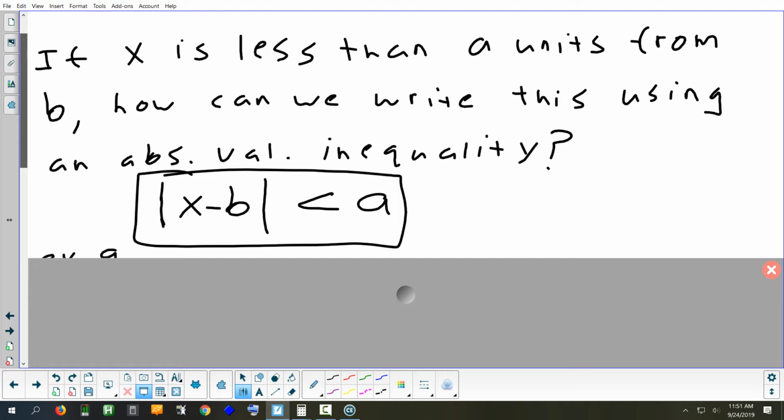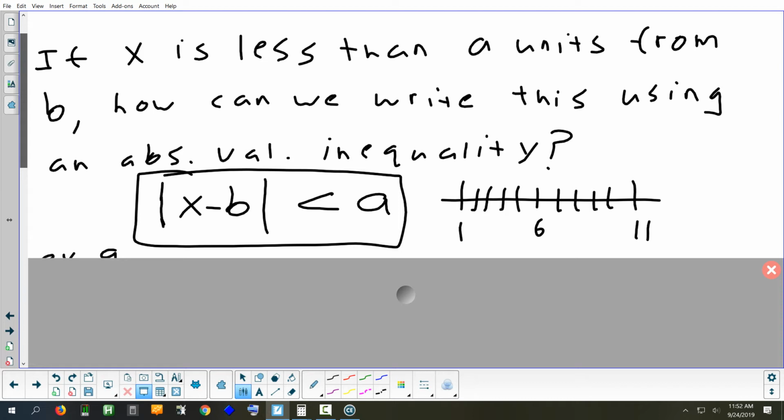If you want to set up an inequality that represents that situation, like x is less than 5 units from 6, that means you're up here and down there.